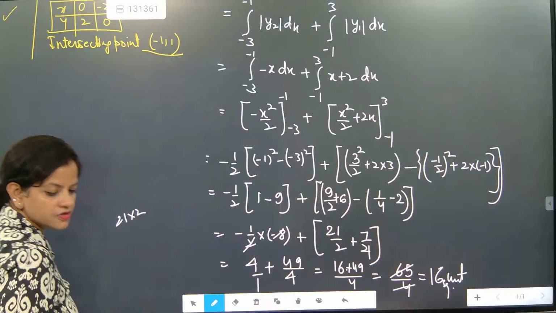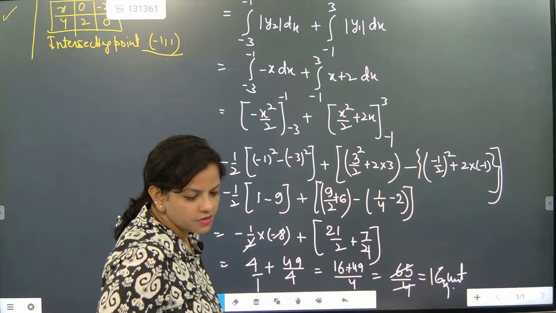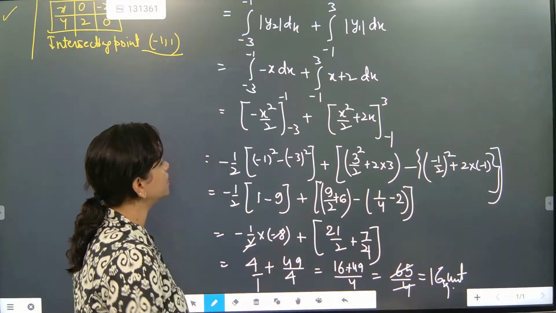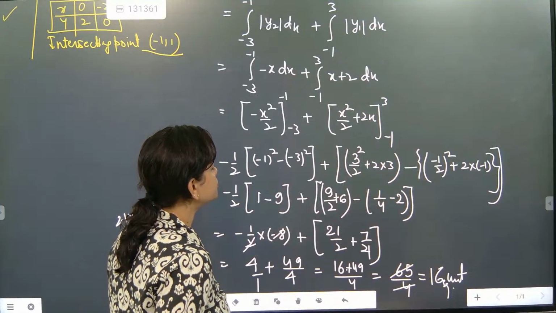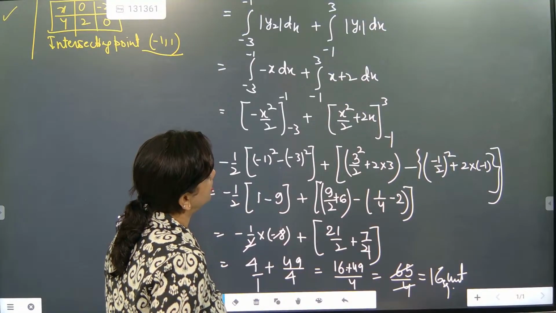Calculation part you check from it. That is coming as 9 by 2 plus 2 times 3 is 6. So 9 plus 6, 12 plus 9, 21 by 2.